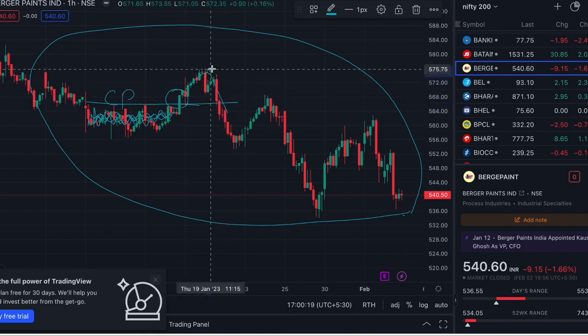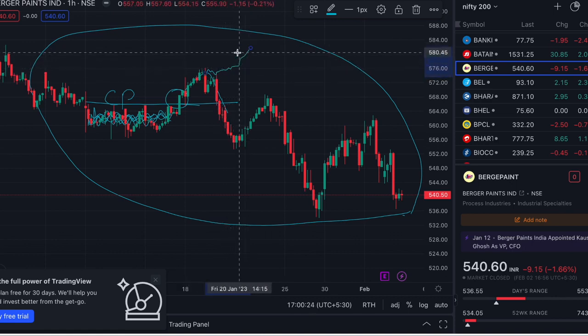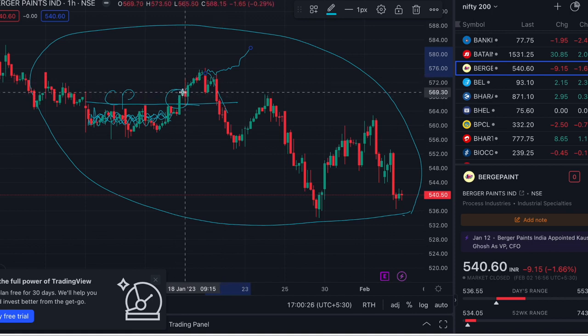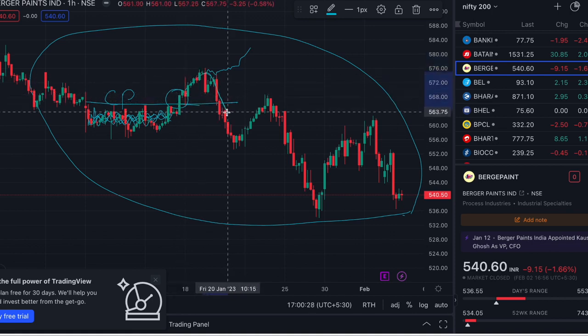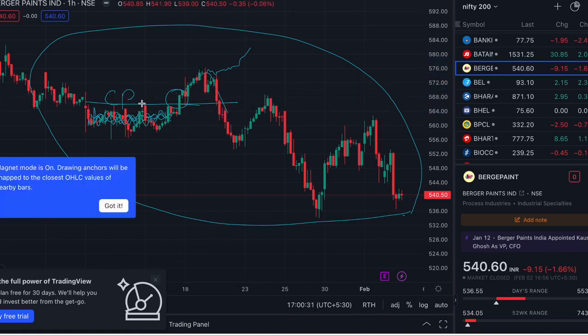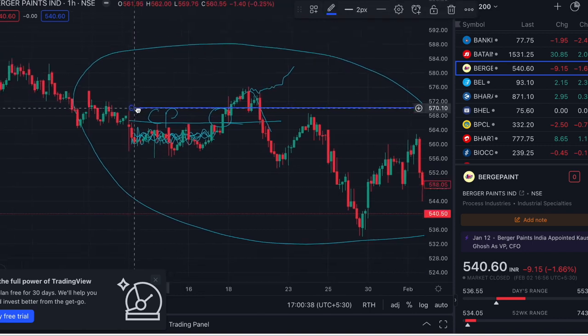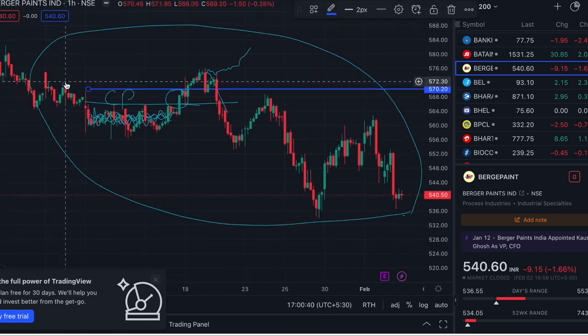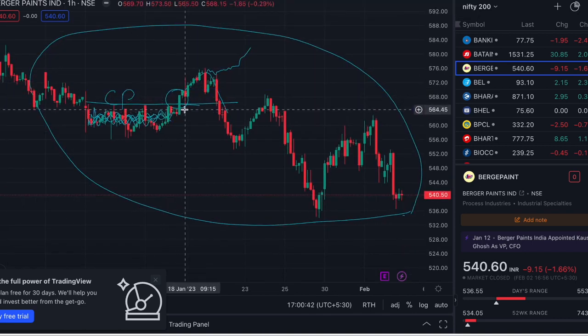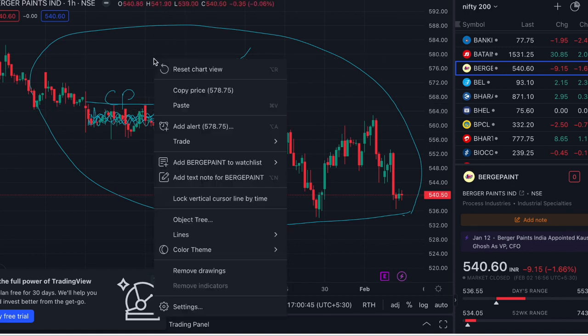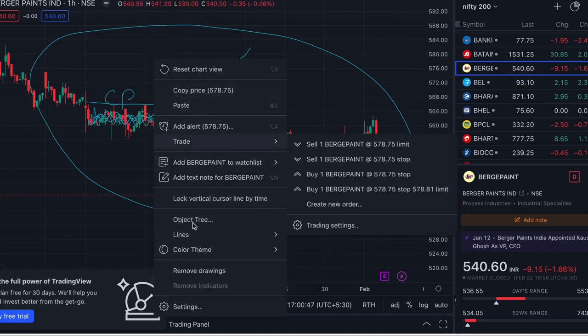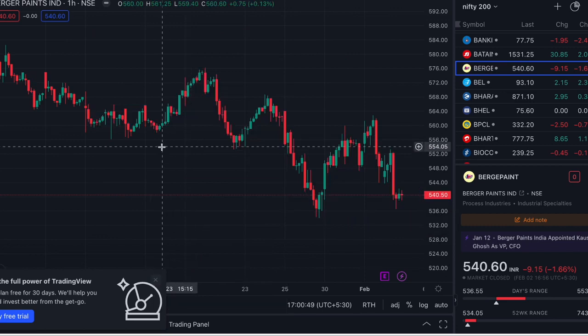If there had been some more candles over here with the price going up, then we would have considered this a level, but for now this is not a level. So we are not going to consider this. We are going to remove the drawings that we have done.